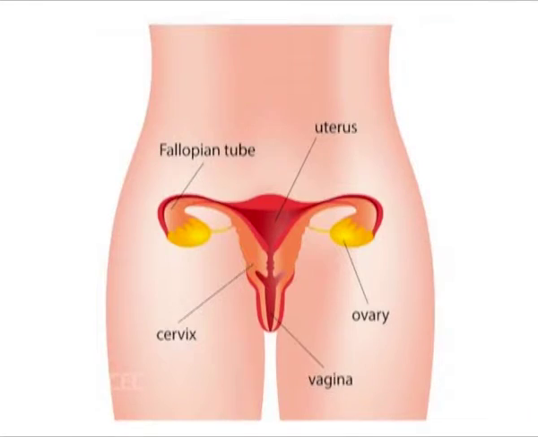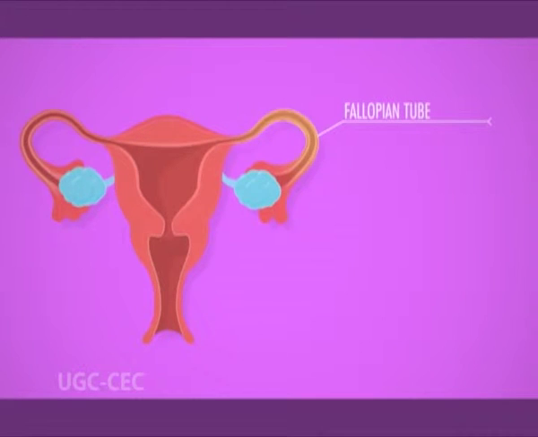The vagina meets the external organs at the vulva, which includes the labia, clitoris, and urinary meatus. The vagina is attached to the uterus through the cervix, while the uterus is attached to the ovaries via the fallopian tubes. At certain intervals, the ovaries release an ovum which passes through the fallopian tube into the uterus.